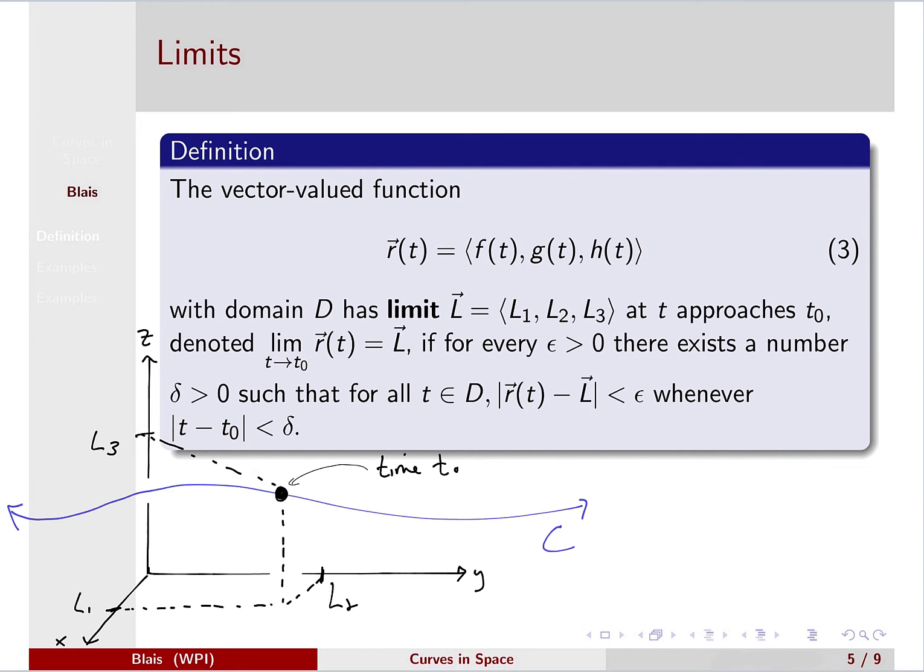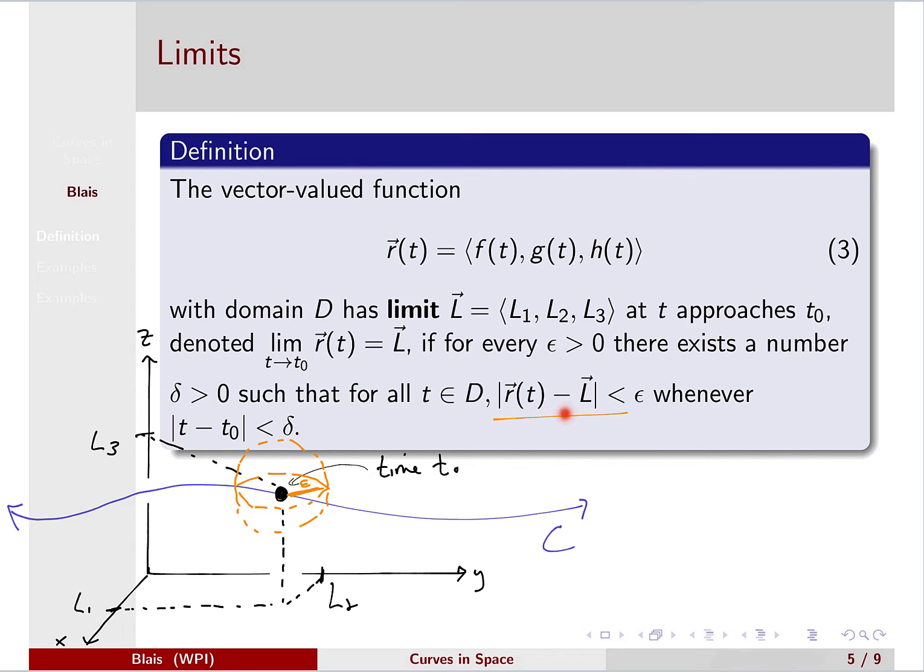That means that if we put a sphere of radius epsilon around this point, we want r of t to be inside of that sphere. We want the point to be inside of that sphere.